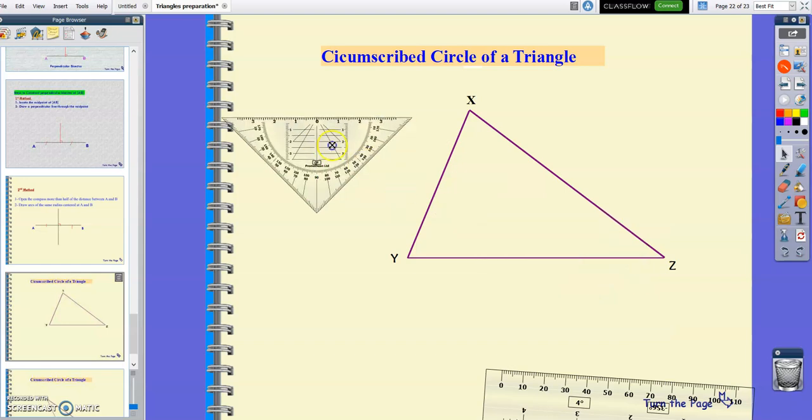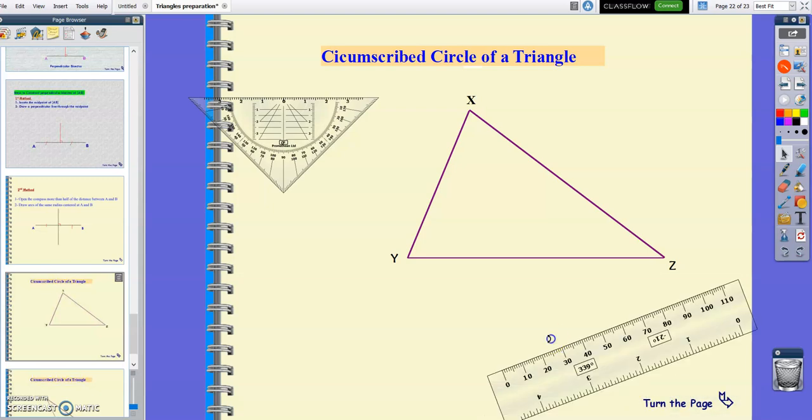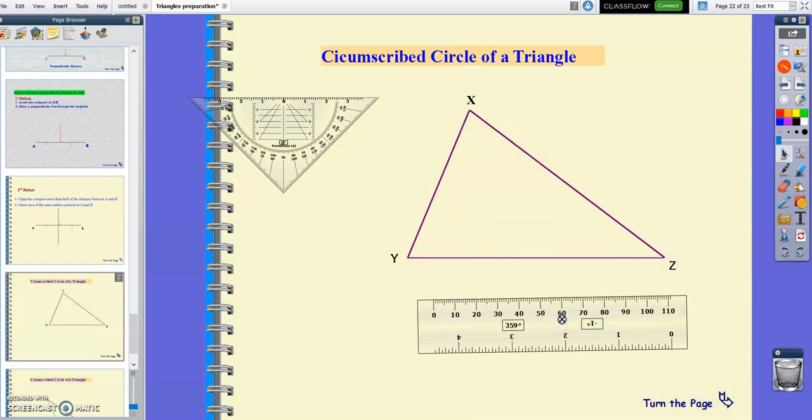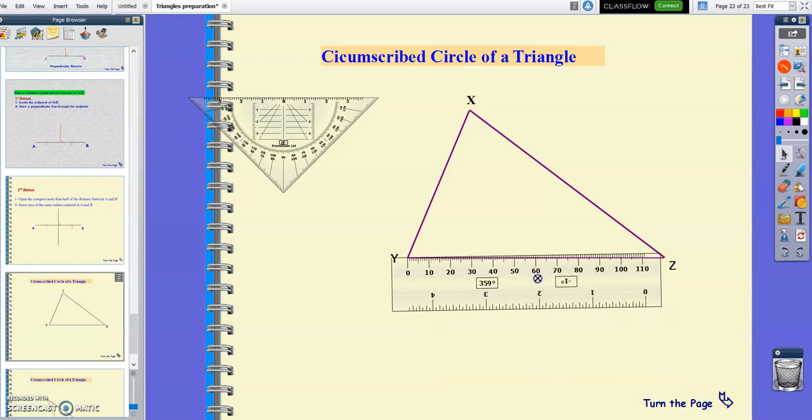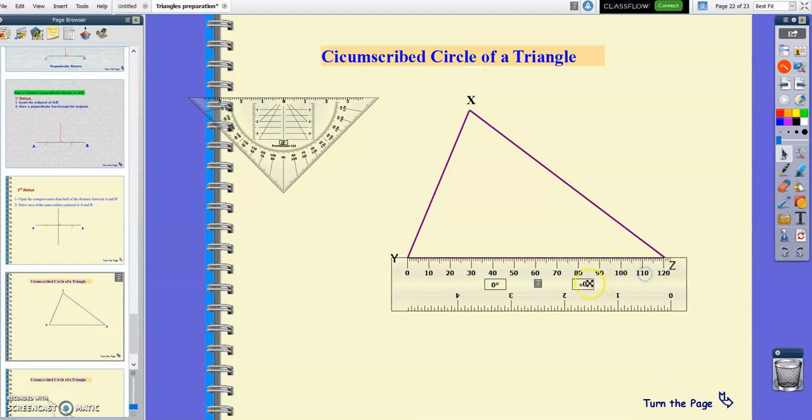So first locate the midpoint of each segment. We will start with the segment YZ. So YZ is equal to approximately 12 centimeters. So its midpoint will be 6 centimeters here. So here is the midpoint.